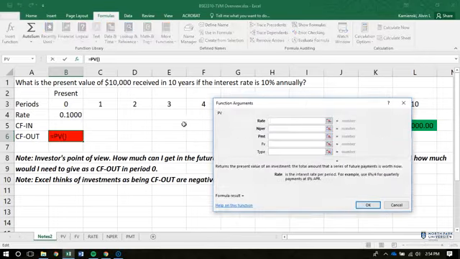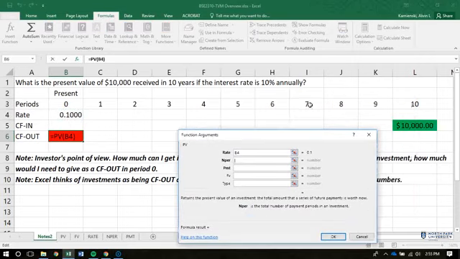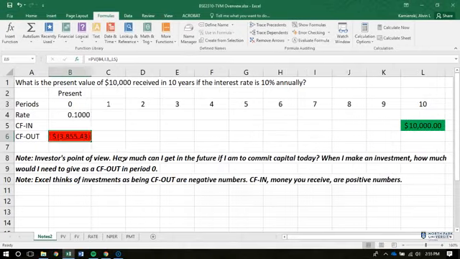in this case PV, so that at a rate of 10%, if I believe I can get $10,000 10 periods later, the question that I'm really answering right here is, if I was an investor, how much would I need to invest today so that in 10 years, if it were to grow by an interest rate of 10%, I would have $10,000 coming into me.